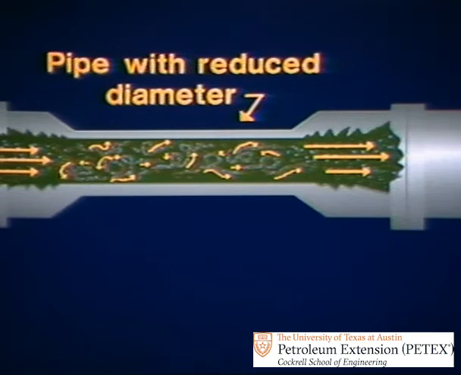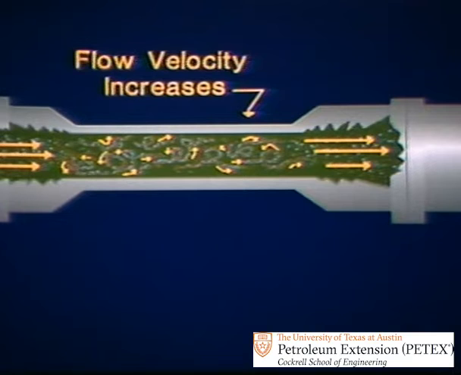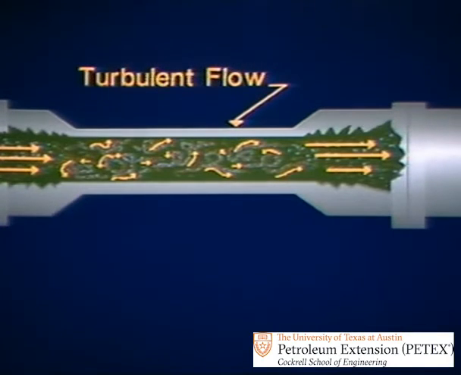Another way to get adequate mixing is to install a length of pipe with reduced diameter in the line. Flow velocity increases through the reduced section. It's like all that liquid has to crowd together to get through it. So flow velocity increases, and when flow velocity increases, the flow becomes turbulent.